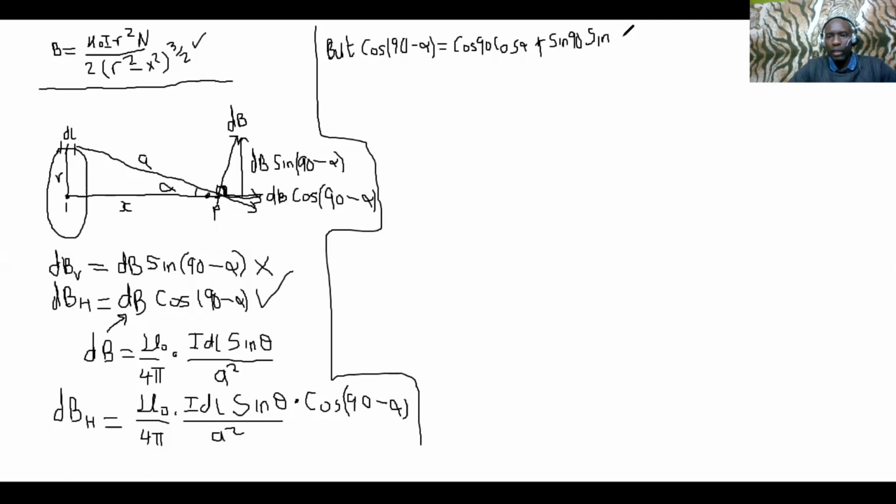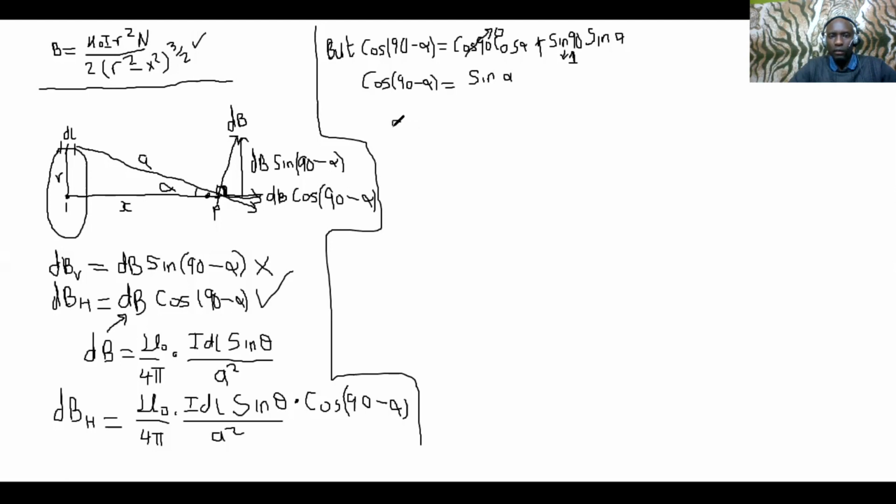We may expand that expression that way, but cos of 90 is equal to 0, therefore this term will reduce to 0, and the sine of 90 is equal to 1. Therefore, the expression which is going to remain is that cos of 90 minus alpha is equal to sine of alpha.